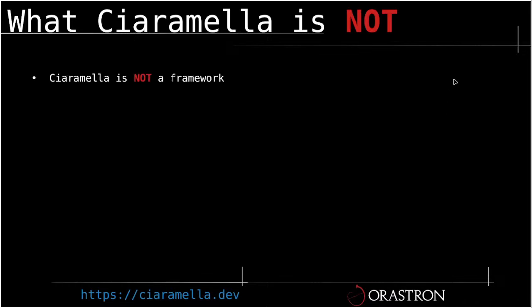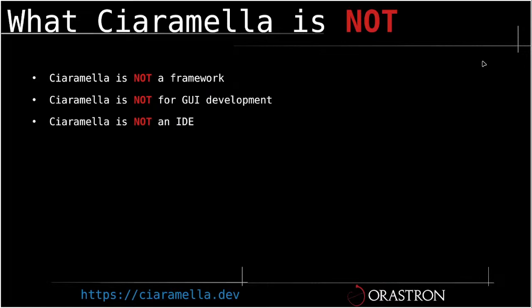First of all, Ciaramella is not a framework, which is linked to what I said before. Essentially, it doesn't want to dictate the way you should work with it. It doesn't deal at all with GUI. It's not an IDE, so essentially you use your own tools.